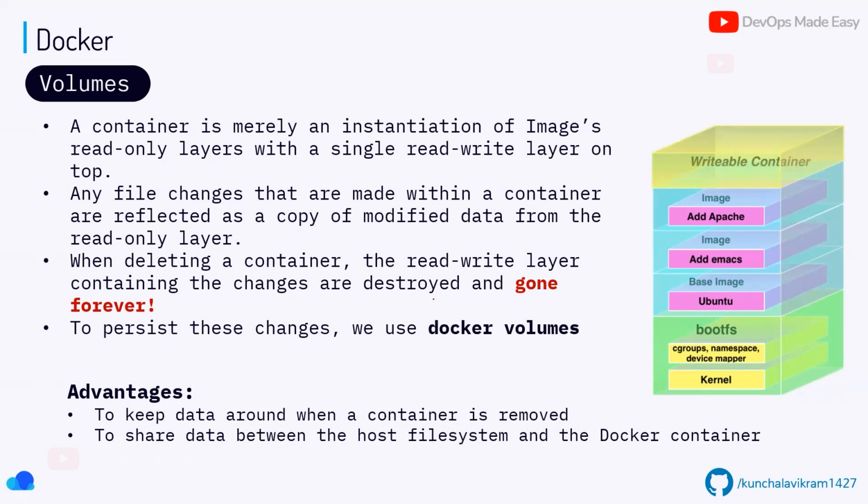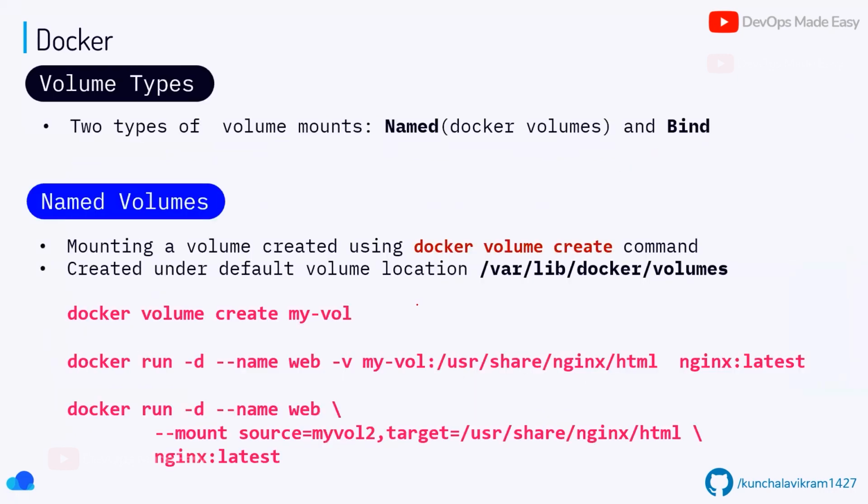Docker volumes are much simpler. So there are two types of volumes, and this is really important. Volume means it is just a directory, right? So it is not a new concept. Docker supports two types of volumes.